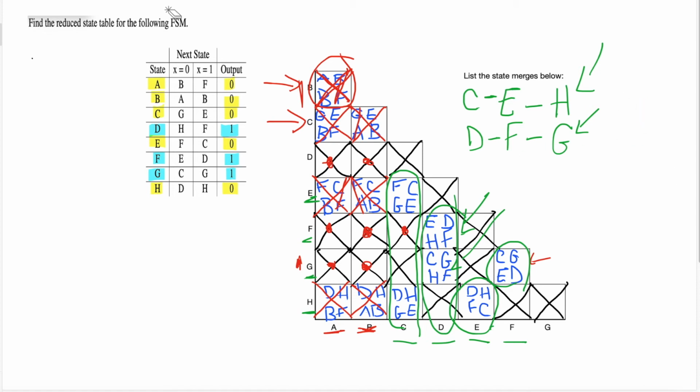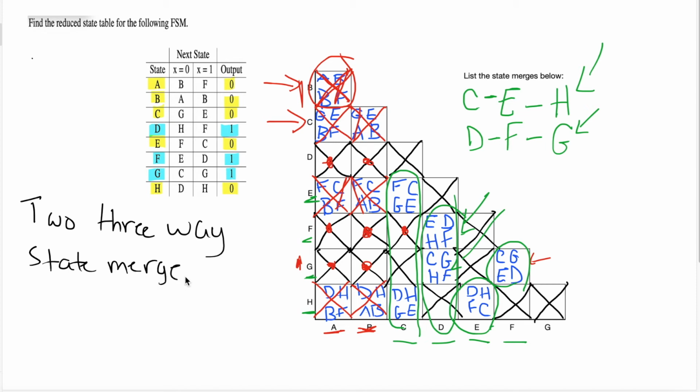We can label this as 2 3-way state merges. So we have C, E, H, D, F, G.